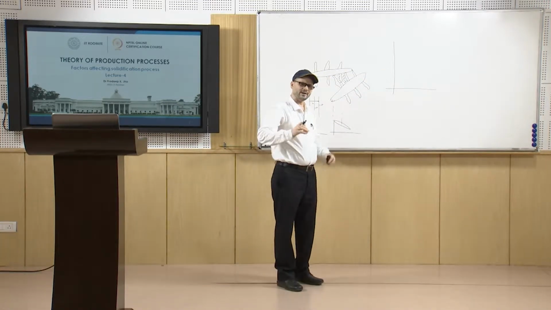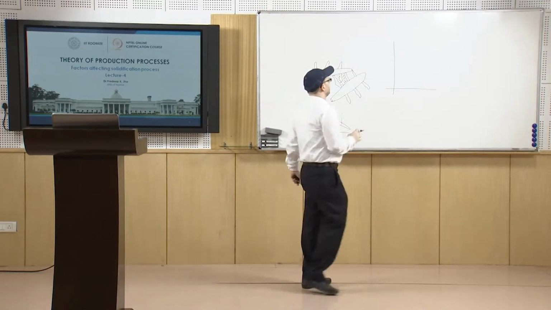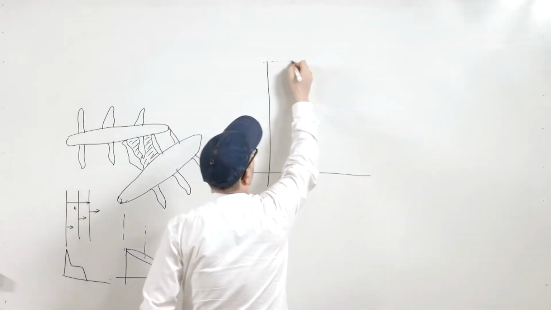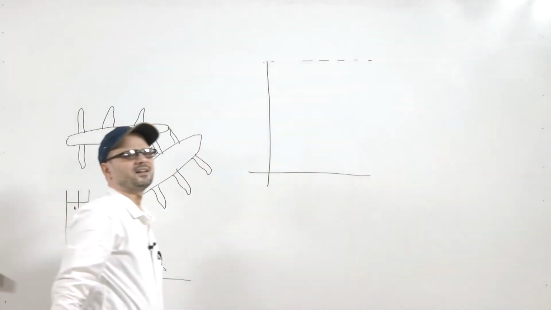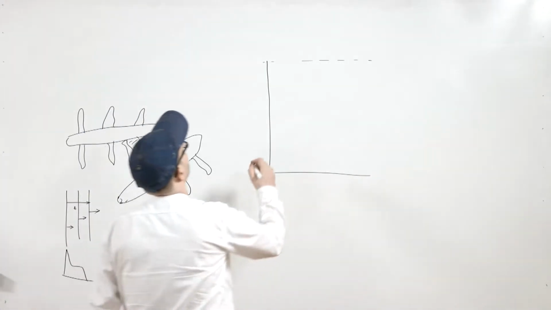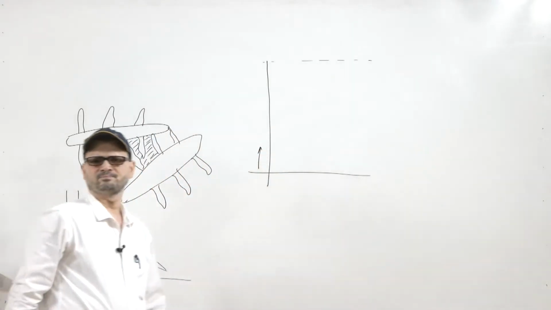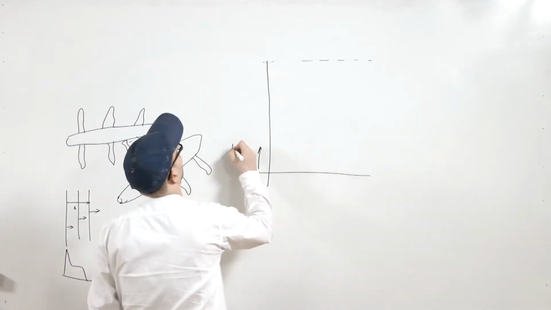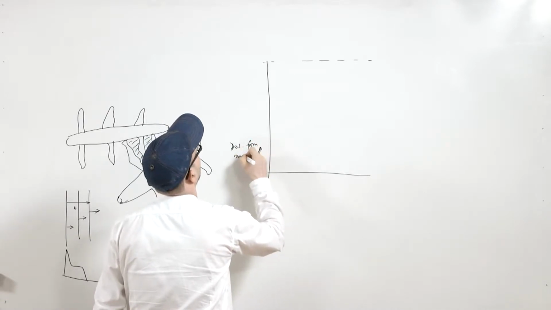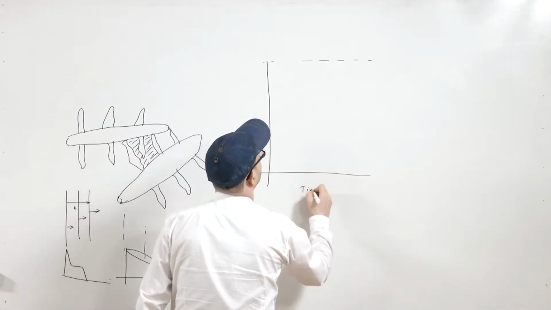So, what happens when the liquid metal is poured into the mold? You will have this as the center line of the casting, and this is the distance from the mold face, and this is time.